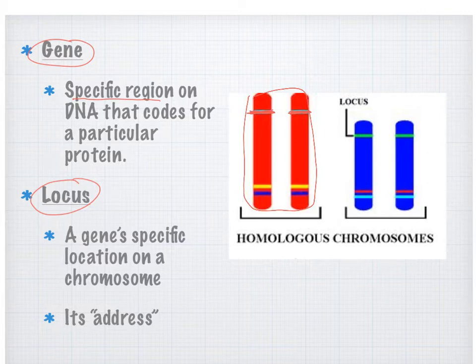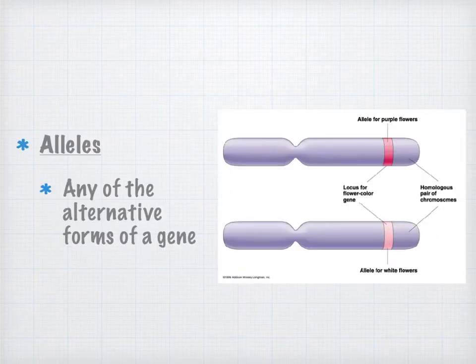It would also code for height on the right chromosome. Same thing with the two genes down here. They would code for the same trait. So the location of that gene would be in the same spot relatively on the homologous chromosomes, and that would be the location, or the locus, of those genes.